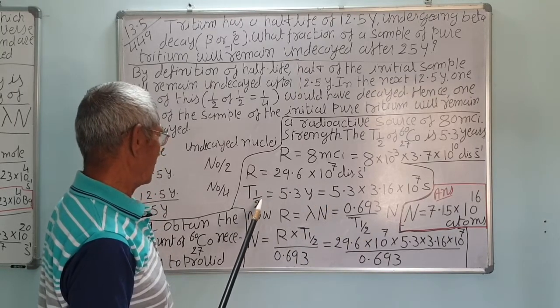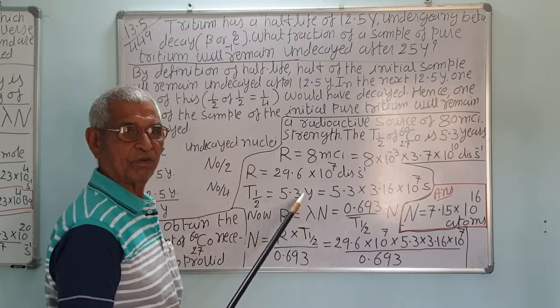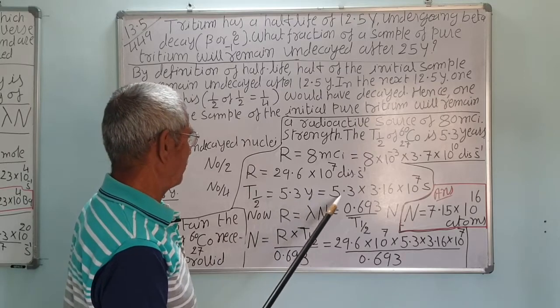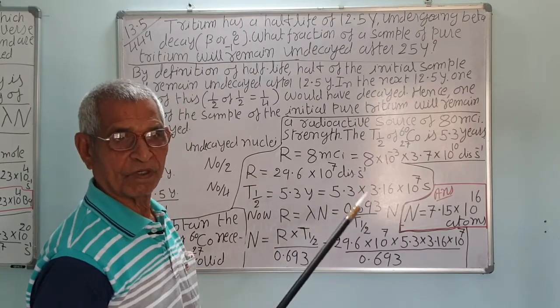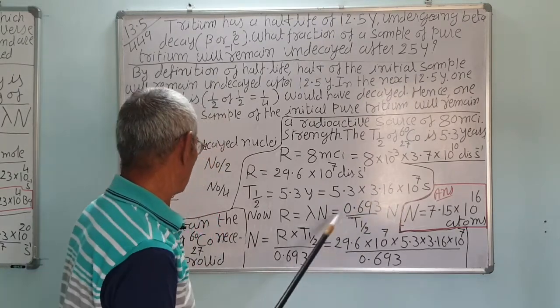So T half is given as 5.3 years, that is to be converted into seconds. That is 5.3 into 1 year, which is equal to 3.16 into 10 raised to 7 seconds. Converted.